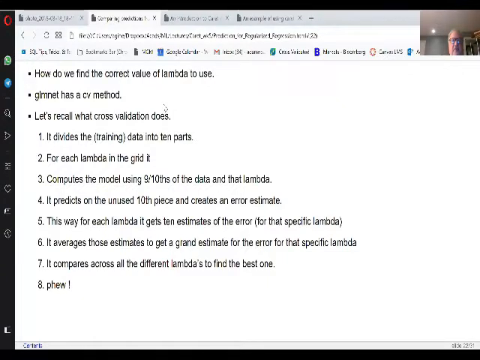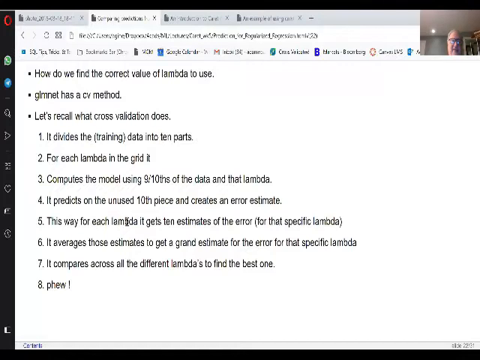For each lambda in the grid, you compute a model using 9/10 of the data and that specific lambda, right? So for a given value of lambda, you can find the best solution with that particular line. You predict it on the unused 10th piece, and that creates an estimate of how well that lambda works. Now, you get 10 of these because the left out piece can be any one of the 10 pieces.